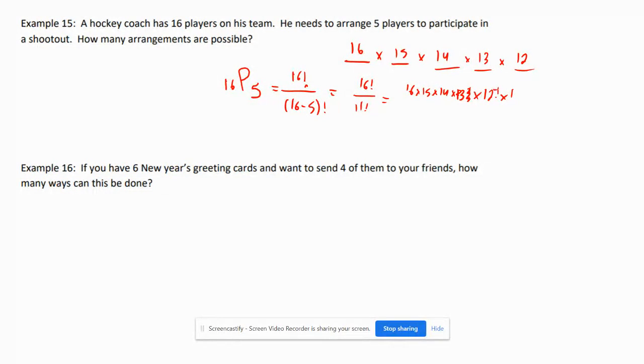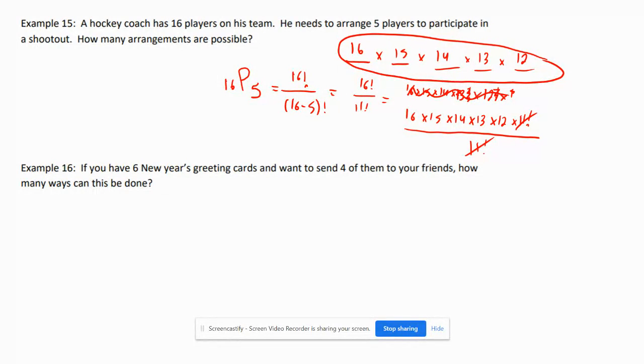Oops, sorry guys, there's no factorials there. That was my mistake. Let me do this again. Equals 16 times 15 times 14 times 13 times 12 times 11 factorial over 11 factorial. And that gives us just what we had over here as well.